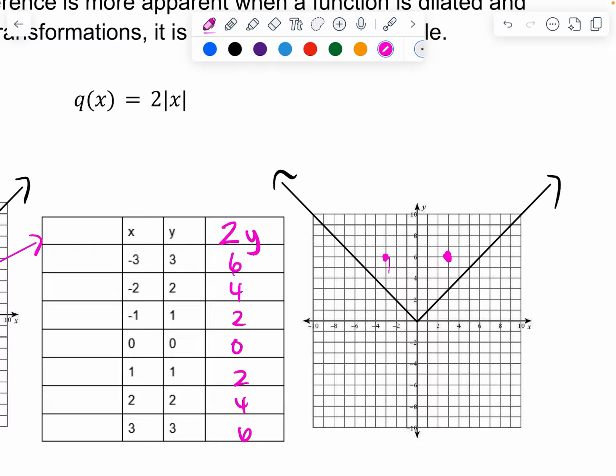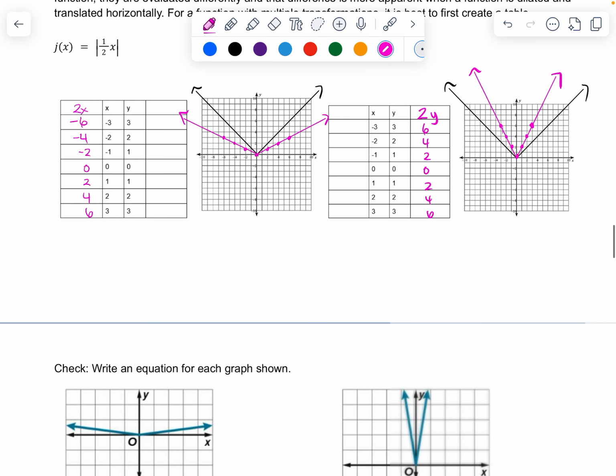And negative 2, 4. 2, 4. Negative 1, 2. And 1, 2. And 0, 0. And here we go over here. And there we have it.